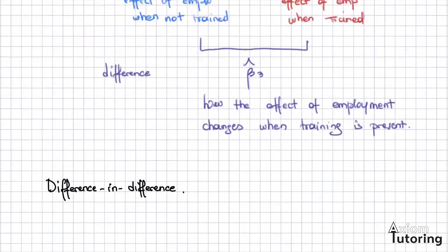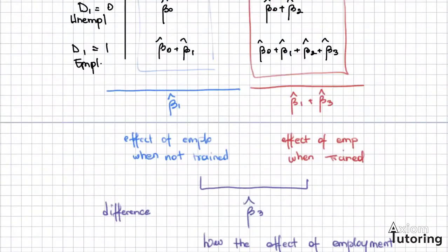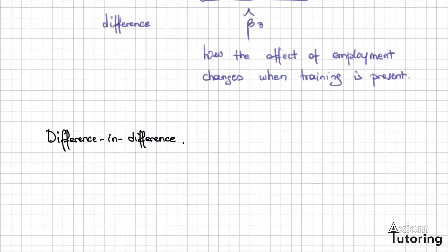Because that beta 3 is literally the difference of the first 2 differences that we found, right? So it compares the effect of employment when trained versus the effect of employment when not trained, okay? You can either read this as rows or columns, but ultimately you can get the same beta 3 because that's the symmetry we saw in the general formula.